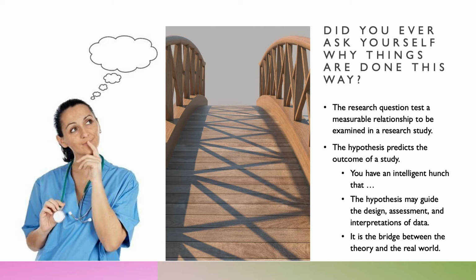And the hypothesis is basically a way that can guide the design, assessment, and interpretation of data that may come from a study you want to do. It's the bridge between the theory and the real world. And in the next chapter, we'll talk more about theory.